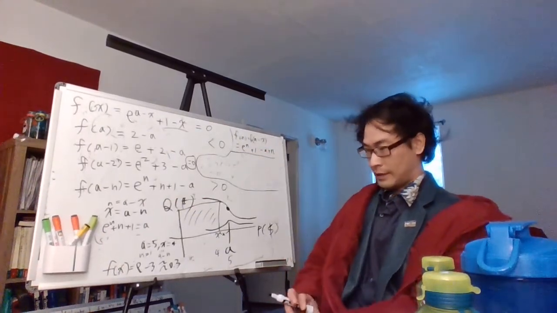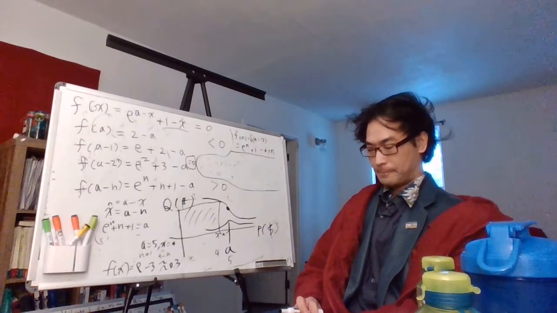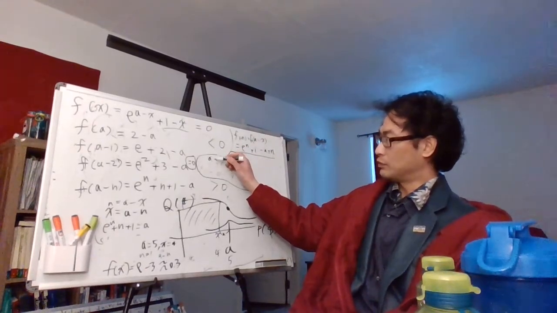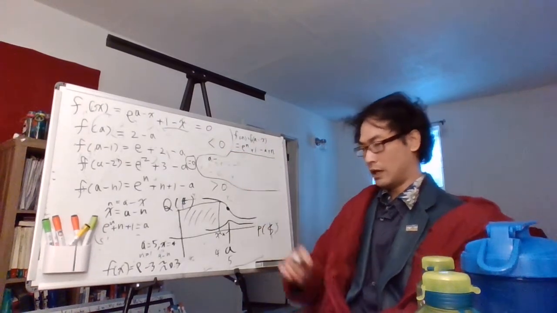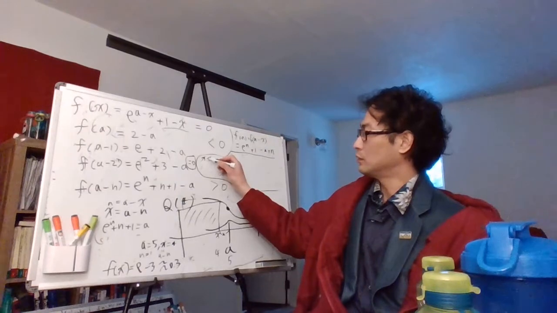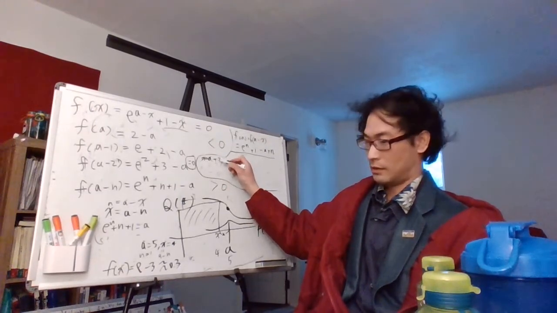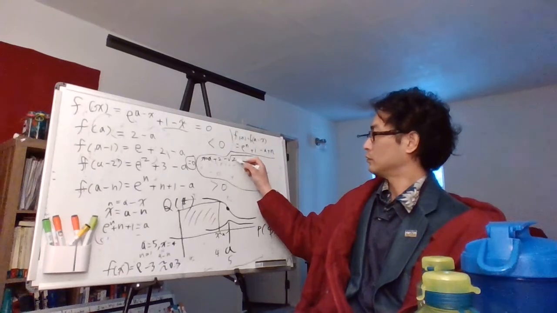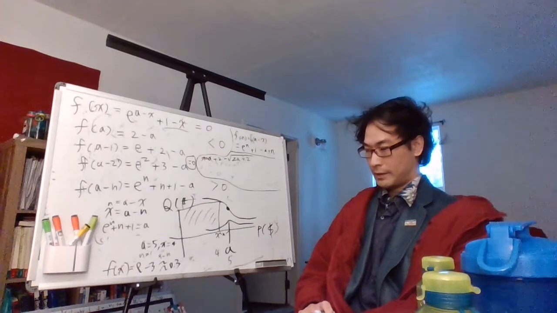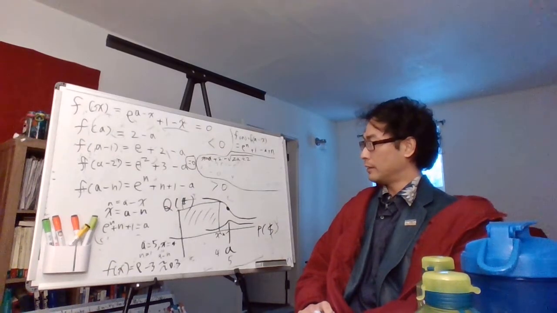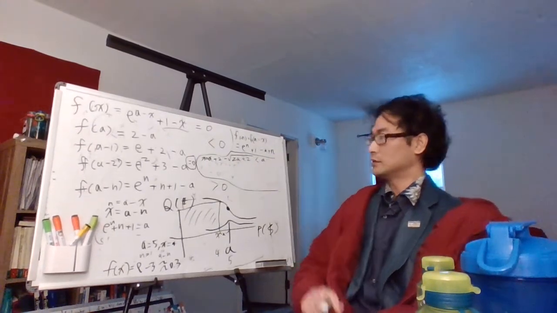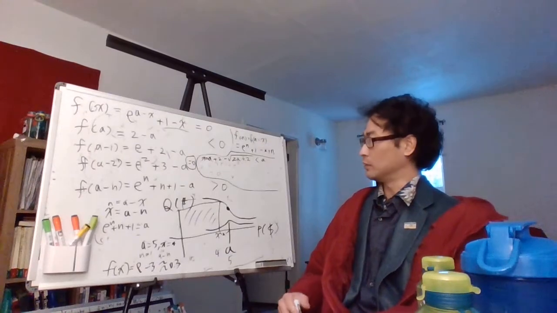Now, what we want to do is this. We want to know when this guy becomes zero, a plus 2. What we want, okay, x is equal to... Now, we want to find a point where this is less than a. Kind of Walmart principle, okay?